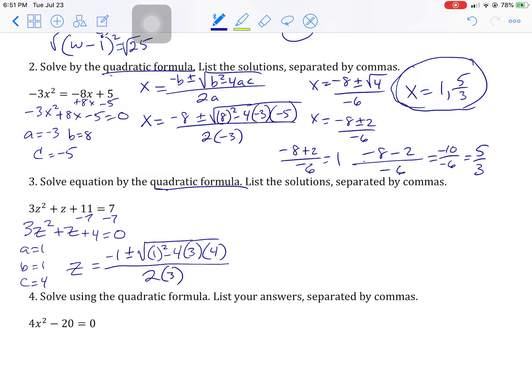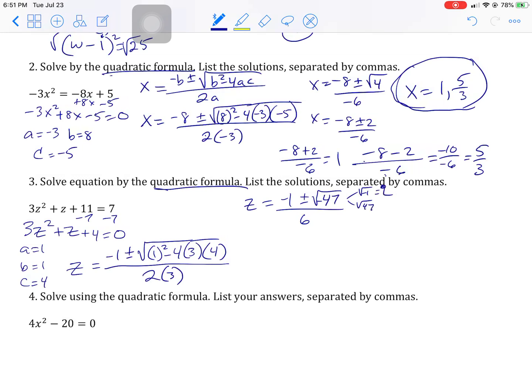Show your work to show the setup so you can get some credit for it, okay? Z equals -1 plus or minus square root of 1 minus 16 times 3 is 48, so a -47 over 6. That needs to have the -1 pulled out.